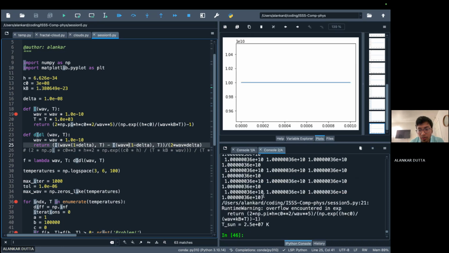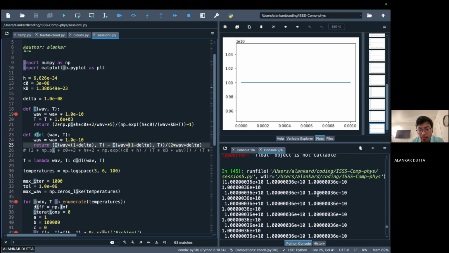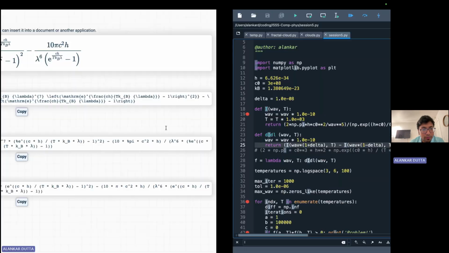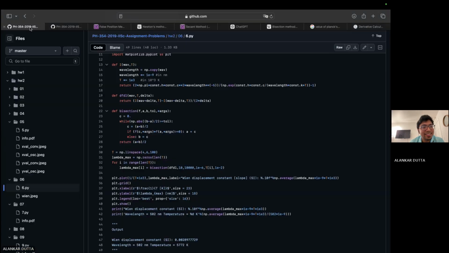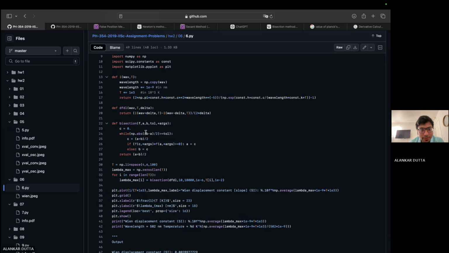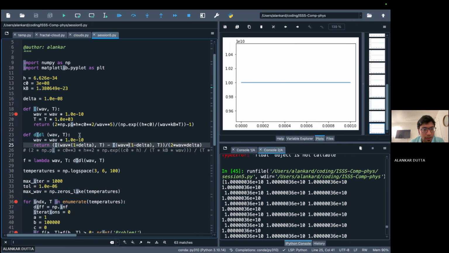Right. So let's see what magic did I do in here. So I used nanometers. Okay, let's see. Did I do something wrong in this formula of I?